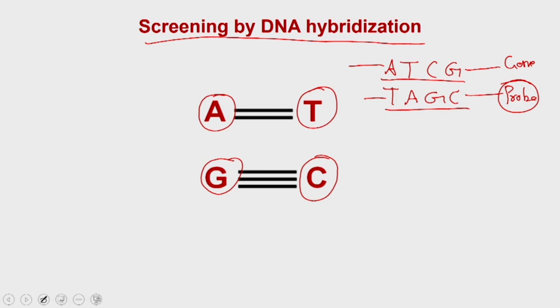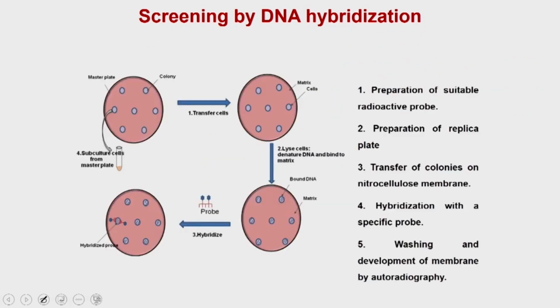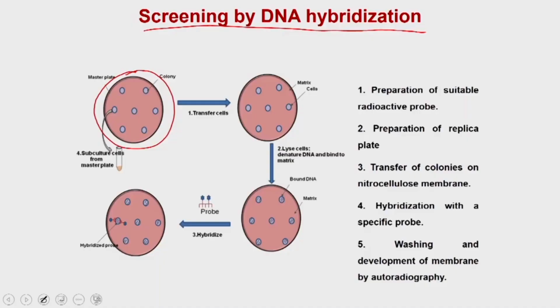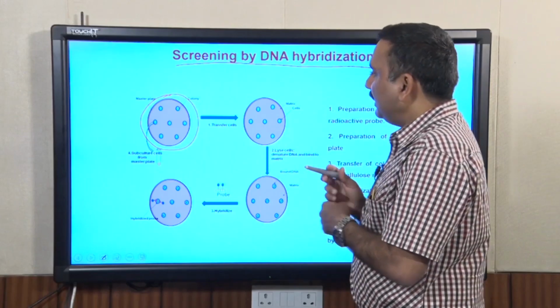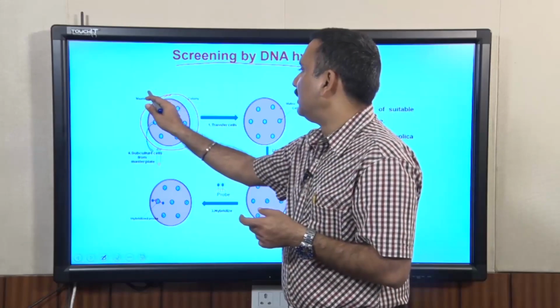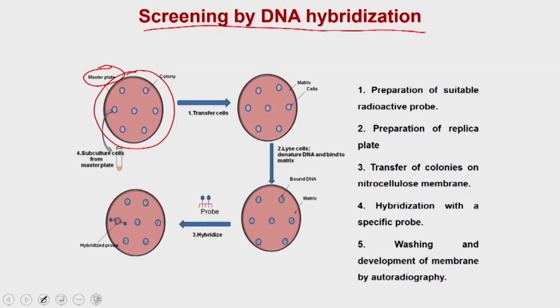Let us see how you can do this in a more elaborate way. The screening by DNA hybridization is a multi-step process, where first you have to take the genomic library, or the cDNA library. Whether you take the genomic library or the cDNA library, it is going to have different colonies on the plate, and this original plate which contains the genomic or the cDNA library is labeled as the master plate or the original plate.